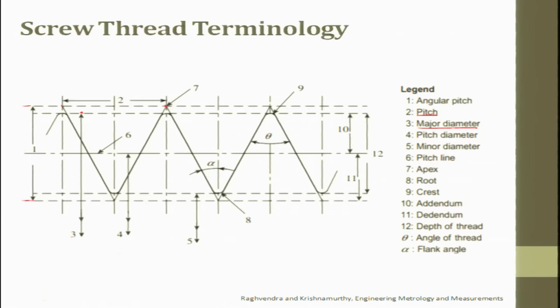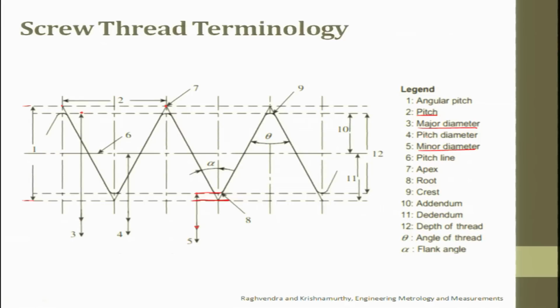Next one is the minor diameter. Minor diameter is from this point to the outside, so from here it goes to here. So, this will be the minor diameter.